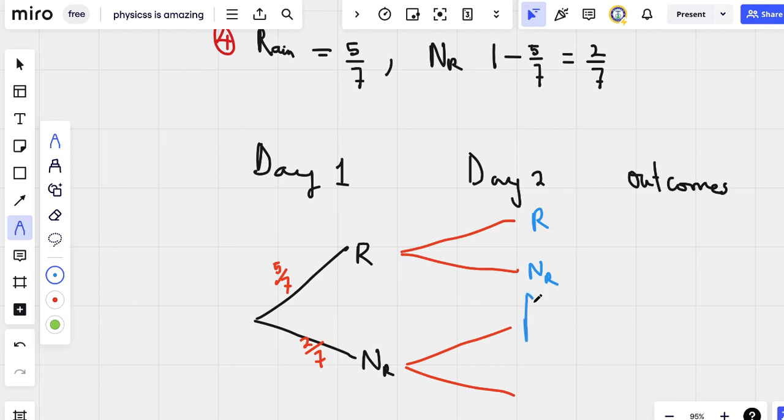So the probability that it rains is always 5 over 7. It doesn't rain is 2 over 7. It rains is 5 over 7. It doesn't rain is 2 over 7.